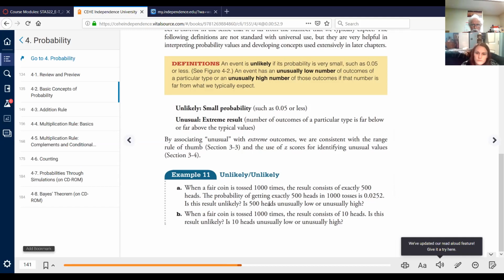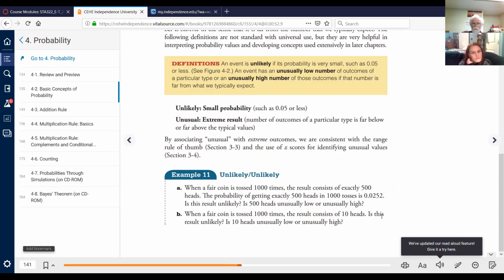Is the result unlikely? Is it unusually low or high? It's not unusually low or unusually high. You would expect that, since there's a 50-50 chance of getting a head every time you toss it.